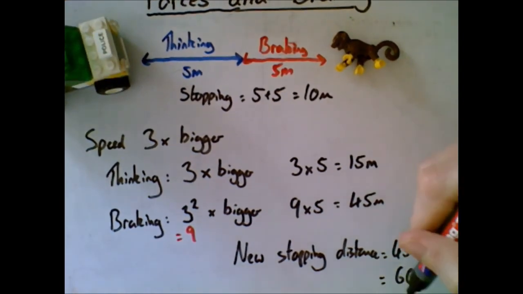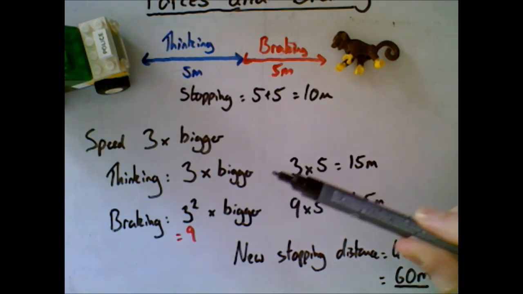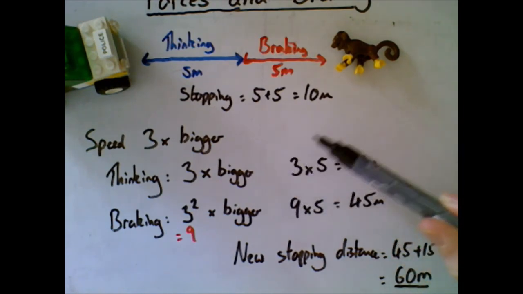And so you can see there that you've got a speed 3 times bigger, but our total stopping distance is now 6 times bigger. This is why they say that you need to keep your speed down when driving. And this is why just changing your speed from 40 miles per hour, say, down to 30, can have such a big difference on your overall stopping distance.